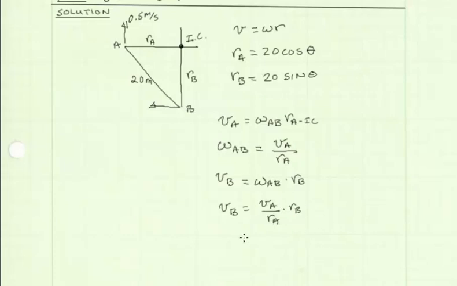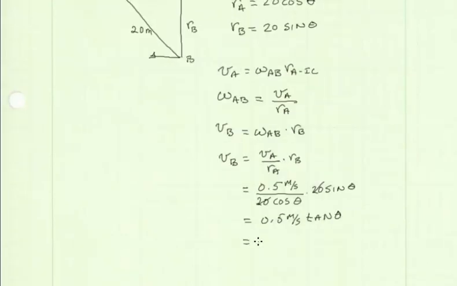Then substituting in what we know, velocity of A is 0.5 meters per second. Radius to A is 20 cosine of theta, and the radius to B is 20 sine theta. Our 20s will cancel, so we're left with 0.5 meters per second times the sine over the cosine, which is the tangent of theta.